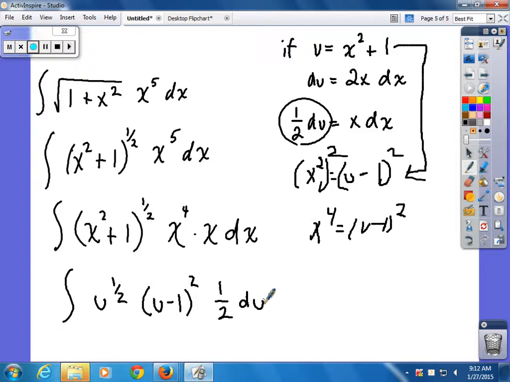Good gracious, it looks like we got everything in terms of what? Wow, now we can do our algebra. Dang old shortcut number 2 right here. U squared minus 2u plus 1. And we'll multiply that through. So do algebra.